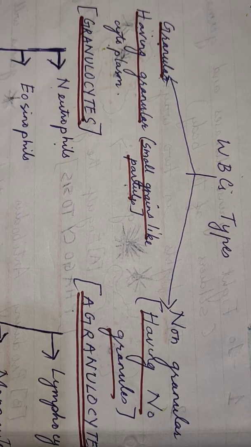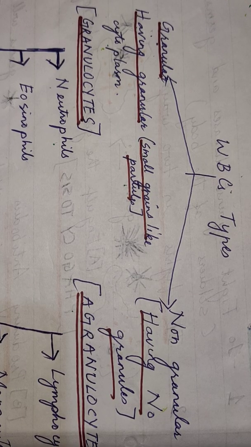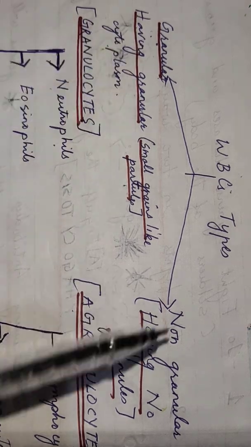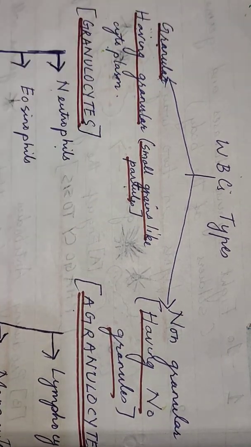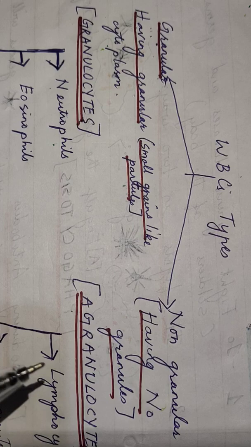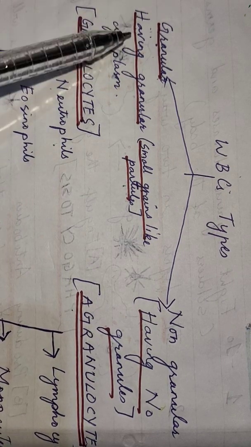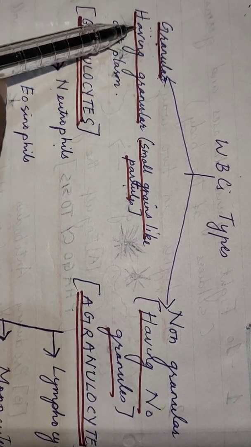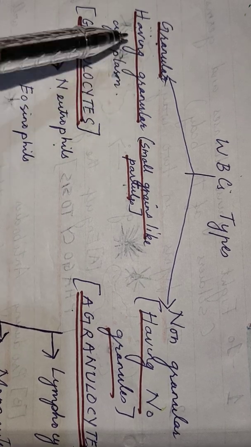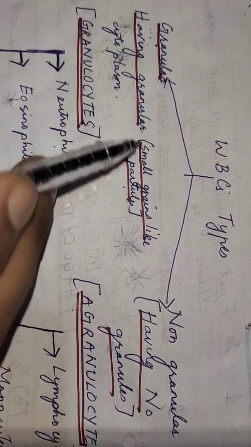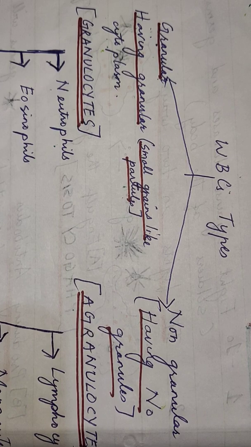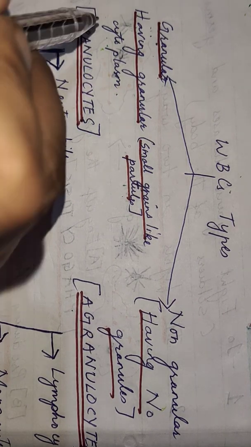Now, there are different types of WBCs. They have been categorized in two parts, that is granular and non-granular. Now, what is granular? That is known as having granular cytoplasm. Granular means small grains like particles. And cytoplasm means, take an example over here.